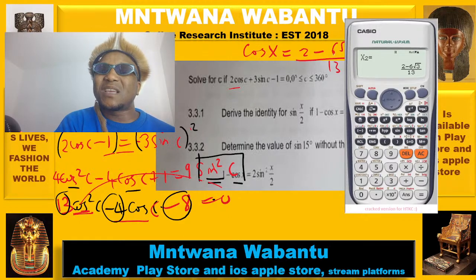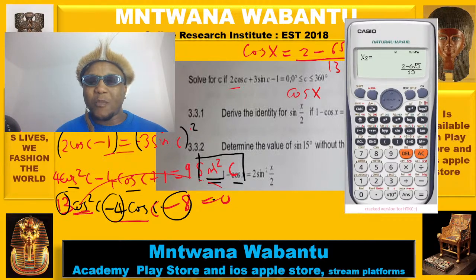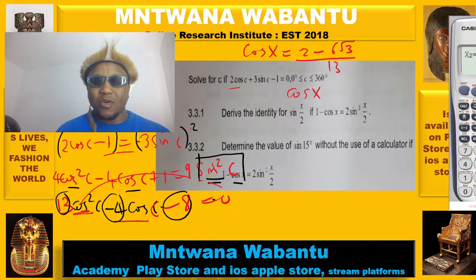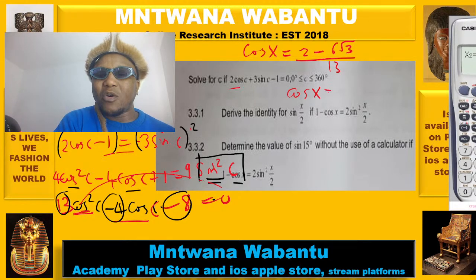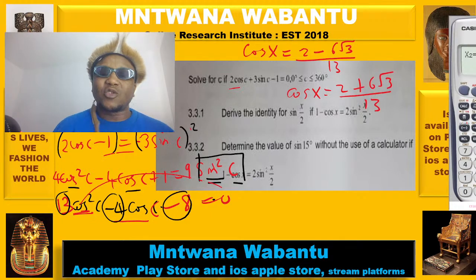But the other one is going to be the same thing, but with plus. Let me move this calculator to the right more. So this one here is going to become cos x equal to 2 plus 6 square root of 3 over 13, those two values.